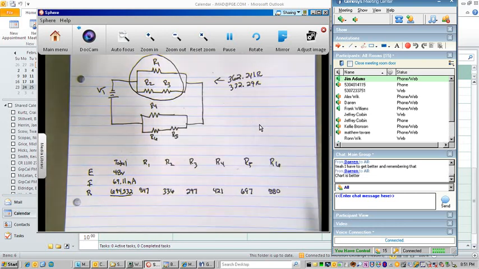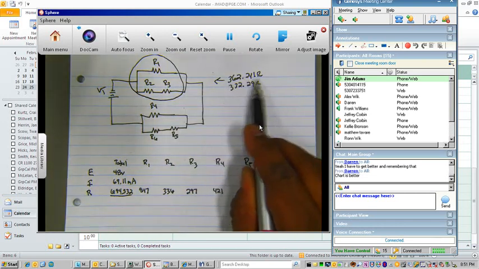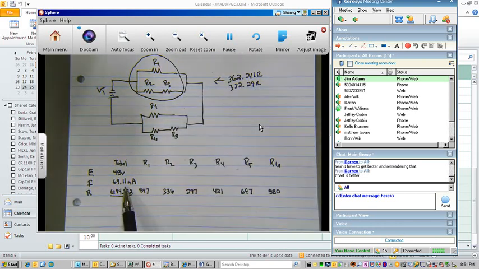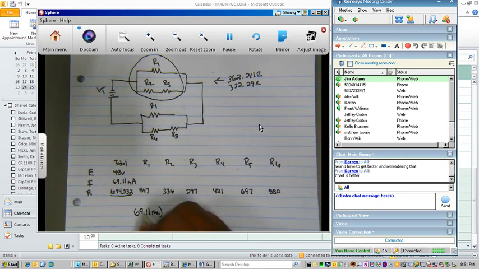Okay, so now let's figure out what we can do next. We know that the upper branch, this section here, had a total resistance of 362 ohms.